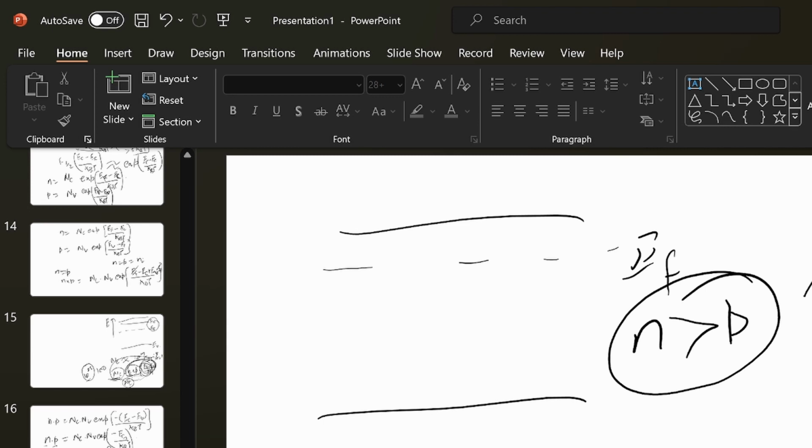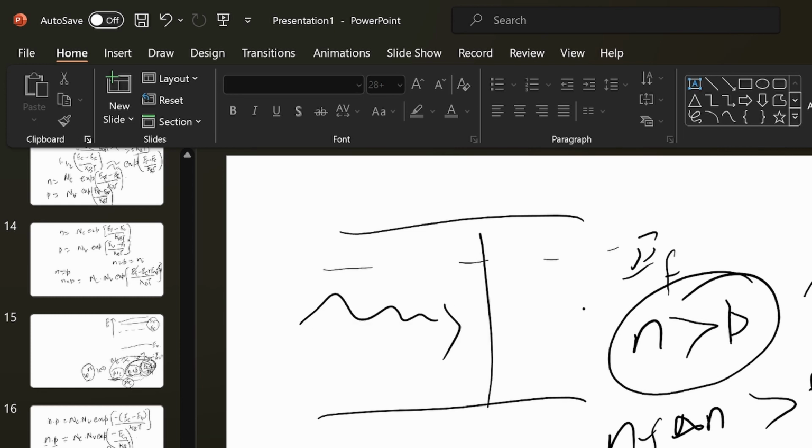If we are shining the light, that will be n plus delta n and p plus delta p, where delta n is equal to delta p. Delta n is the extra electrons or extra holes that are generated because of the light.